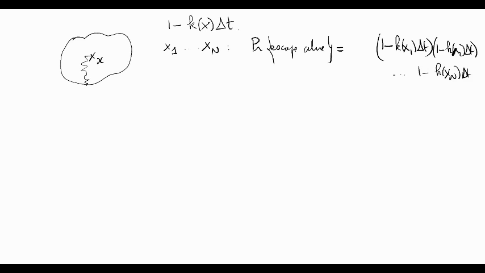This is the probability to arrive alive, and this has to be done for all possible trajectories.